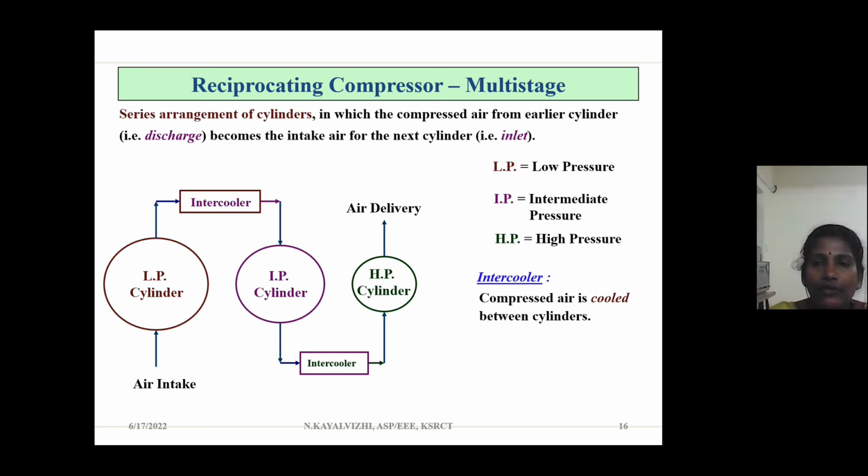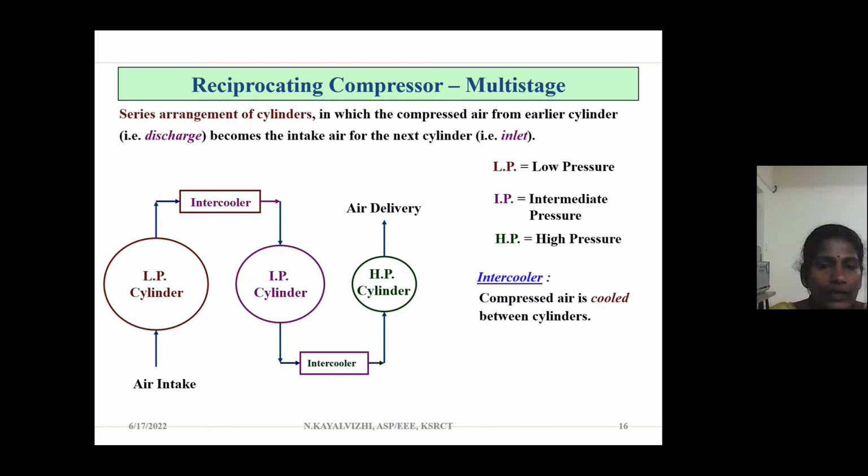Finally, we have low pressure, intermediate pressure, and high pressure, given by the LP cylinder, IP cylinder and HP cylinder. Initially we go with low pressure. It is a series arrangement of cylinders in which compressed air from the earlier cylinder goes on to the next. The first stage will be the low pressure cylinder, and an intercooler connects the low pressure cylinder to the intermediate cylinder.